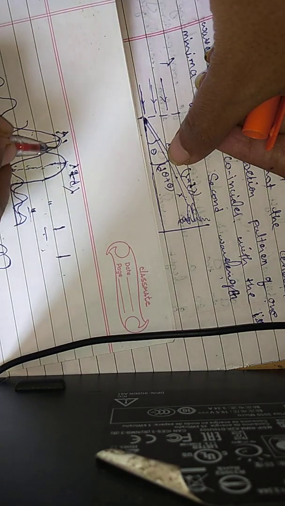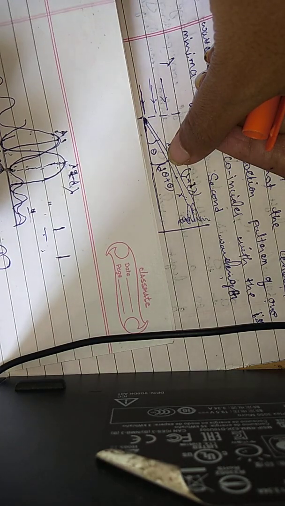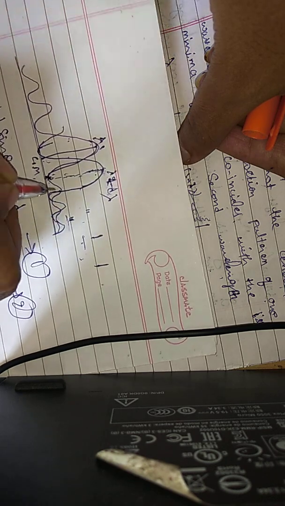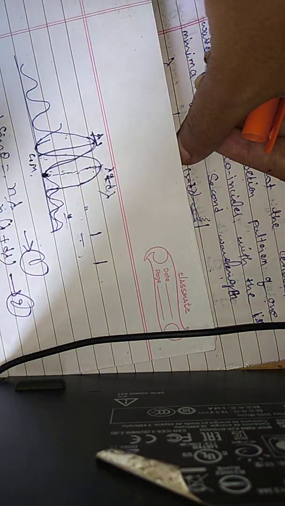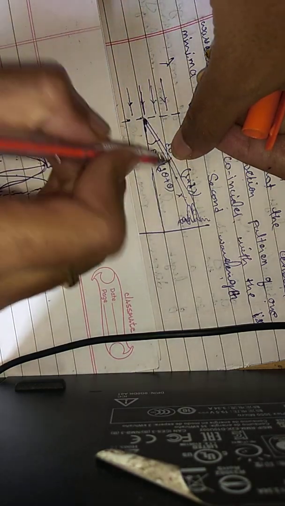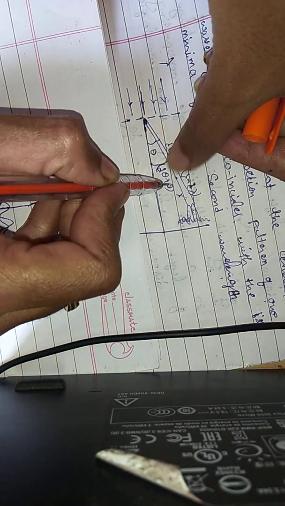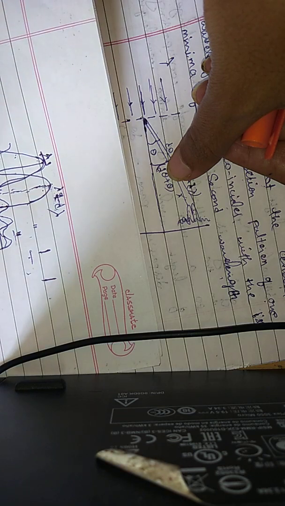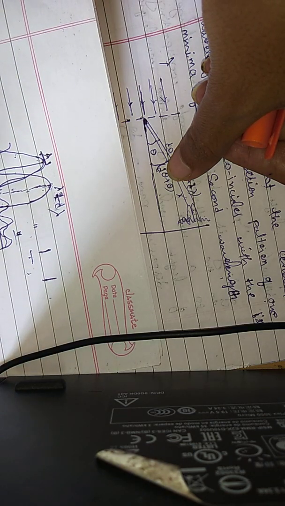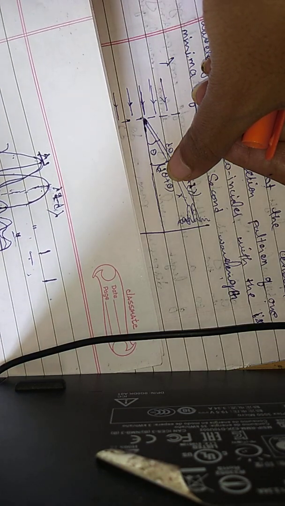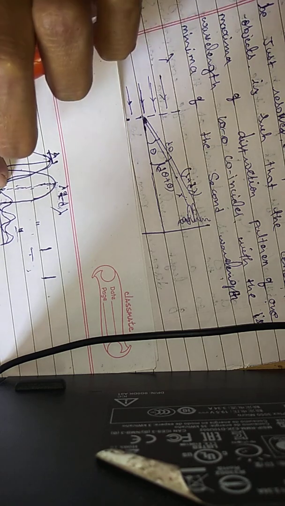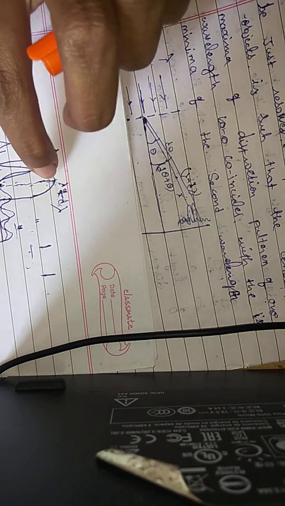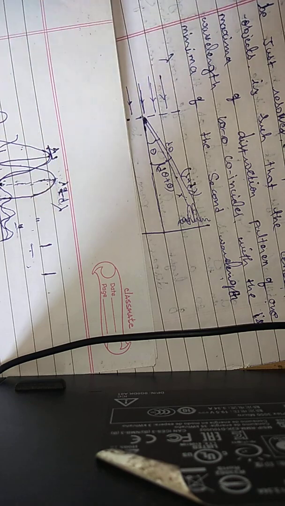The wavelength lambda remains as it is, but the angle changes to theta plus d theta. So it is taken as (a plus b) sin(theta plus d theta) equals n lambda for the first minima. This first minima coincides with the maxima of the second wavelength, lambda plus d lambda.